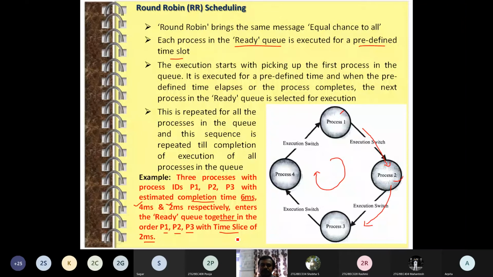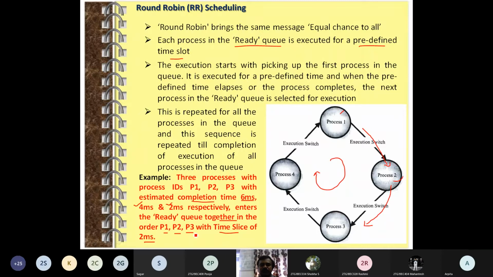Okay. So if we go back to the previous concept, it was the shortest time process, where the order is different. But here they are kept in a particular order. As an example, P1, P2, and P3 are kept in the queue, and each process is given a time slice of 2 milliseconds.